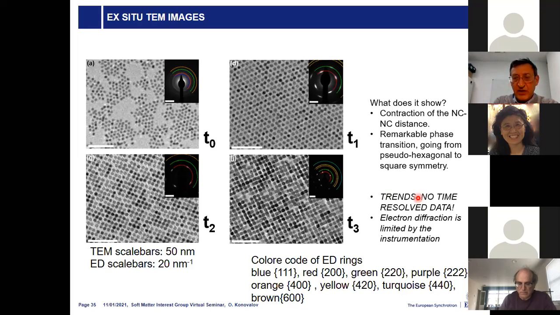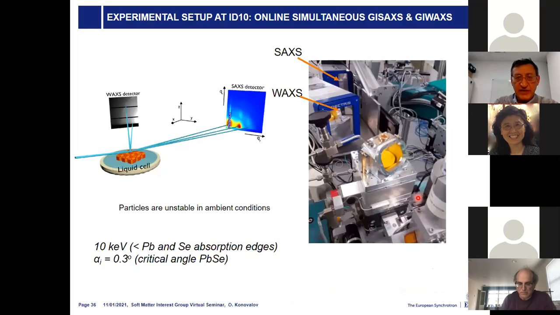So that's why we decided to measure this with X-rays in situ during the growth. We built a cell where we can drop our liquid with nanoparticles on ethylene glycol, and simultaneously measure during evaporation the GISAXS signal, to see the organization of nanoparticles between themselves, and the GIWAXS, to see the orientation of these particles relative to their internal structure.